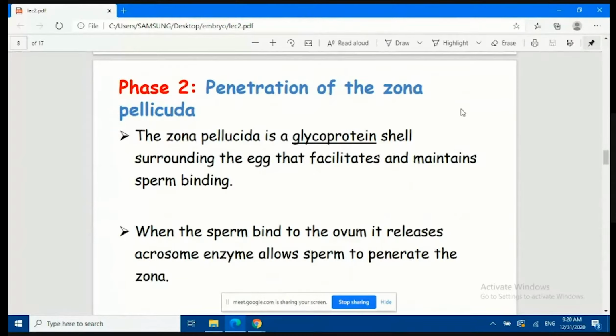We kept saying zona pellucida is a group of cells, a membrane that surrounds the ovum, but in reality what is it? We need to know that the zona pellucida is a glycoprotein shell. It is made of glyco and there is a protein inside the structure of this shell. A glycoprotein membrane that surrounds the egg, or the oocyte, or the ovum, that facilitates and maintains the sperm binding.